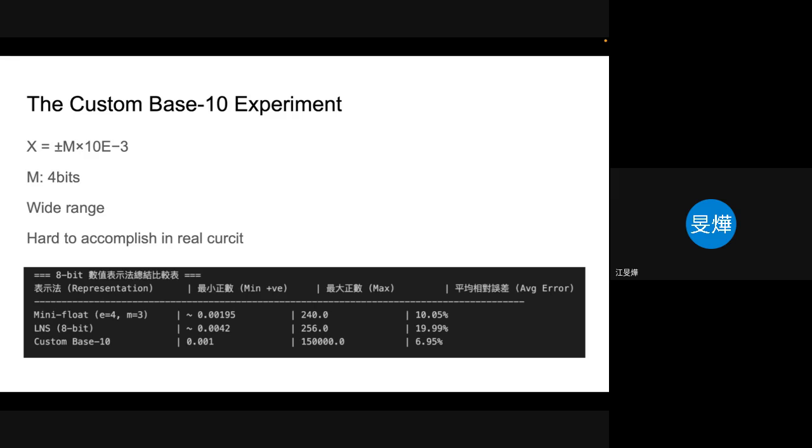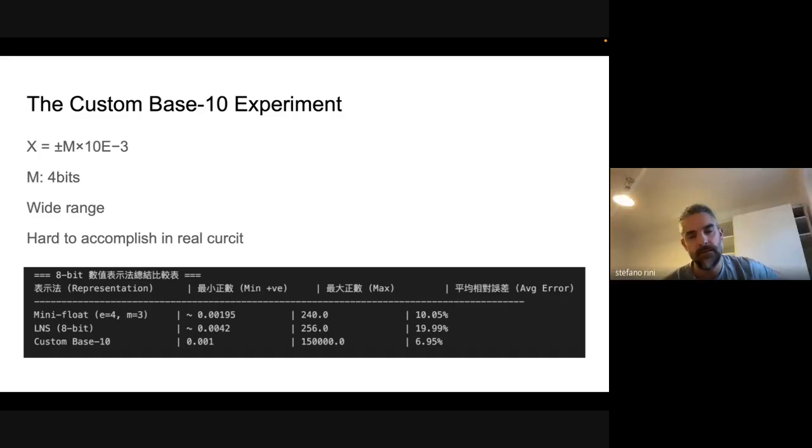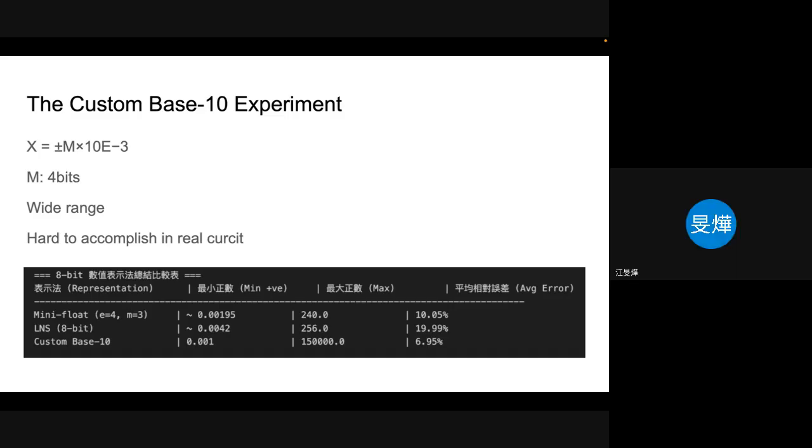But in a base 10 system, when the mantissa overflows during multiplication, normalizing it requires dividing by 10. A hardware divider circuit is huge and slow, making this design totally impractical for real silicon. That's a good point. Yeah.